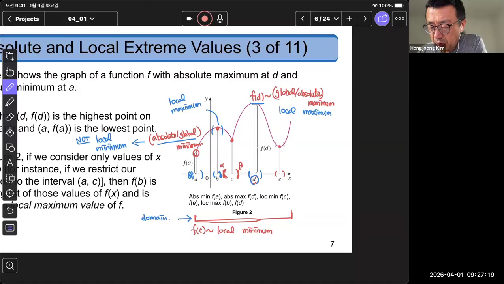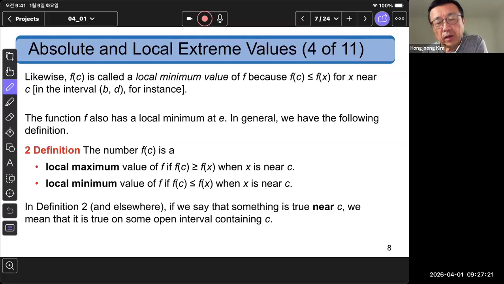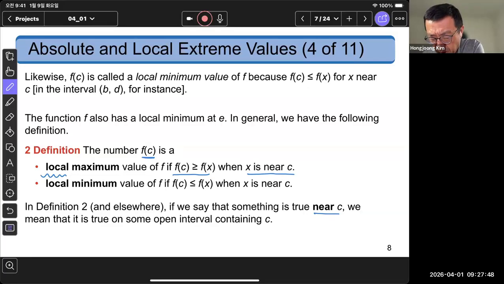Okay. So we say f of c is a local maximum if it is the largest value around c, when x is near c. In mathematics, when I say some point is near c, that means it is true on some open interval containing c.